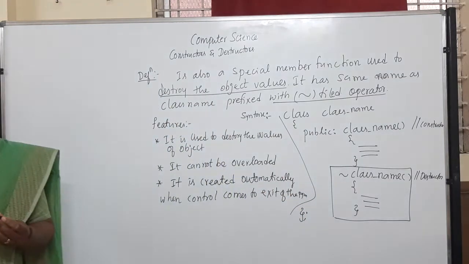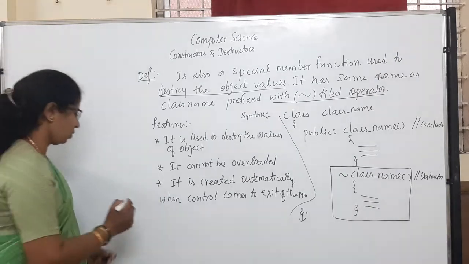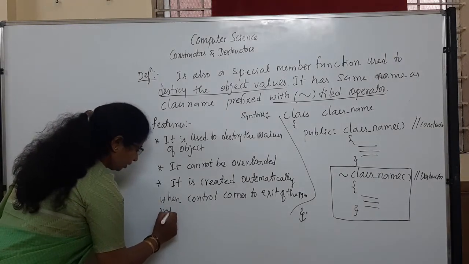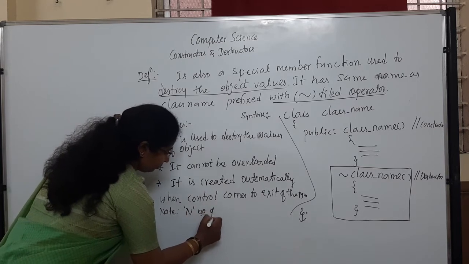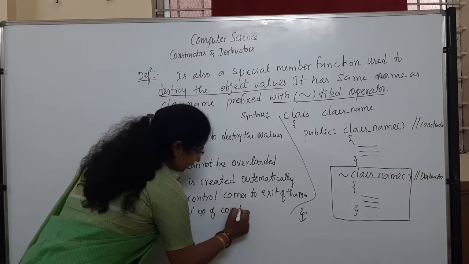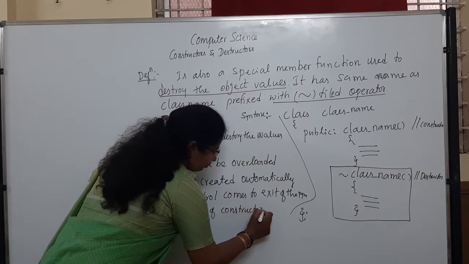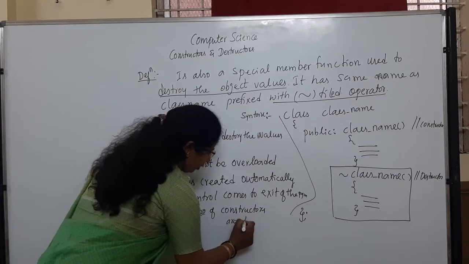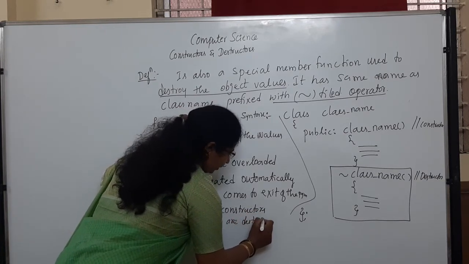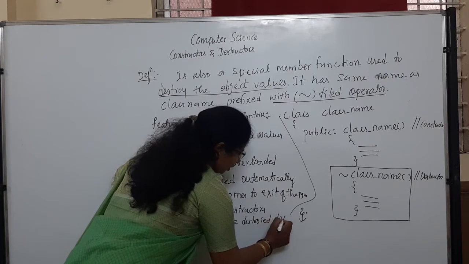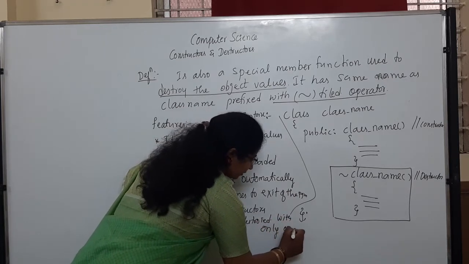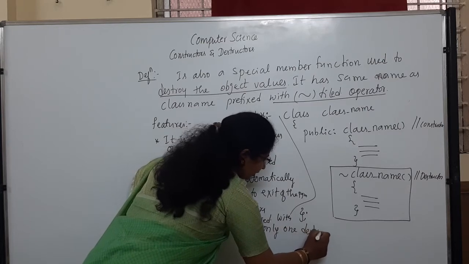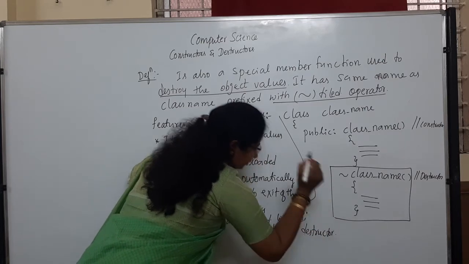Did you get it? These are the 3 different features we have. One note: n number of constructors are destroyed with only one destructor.